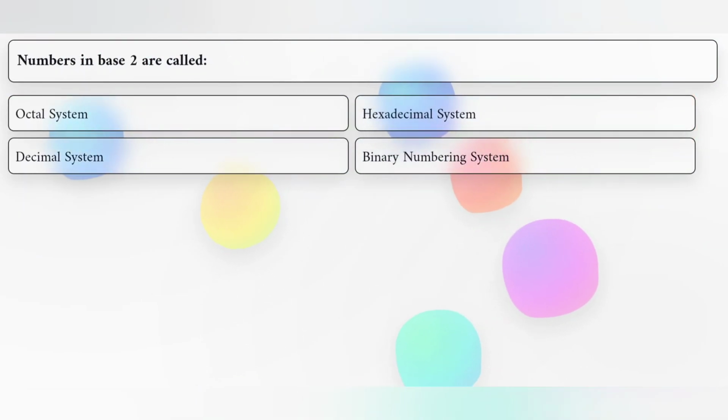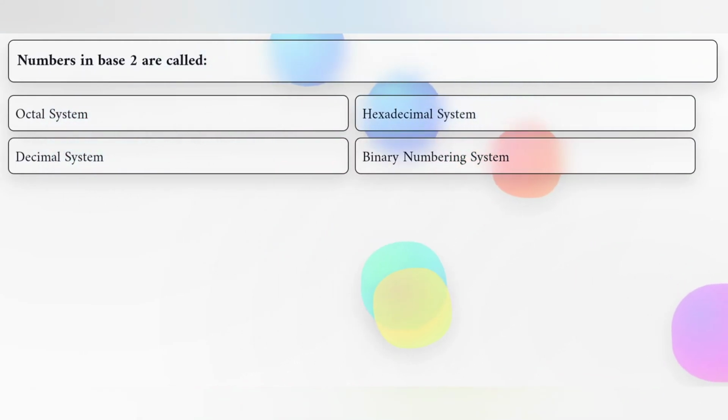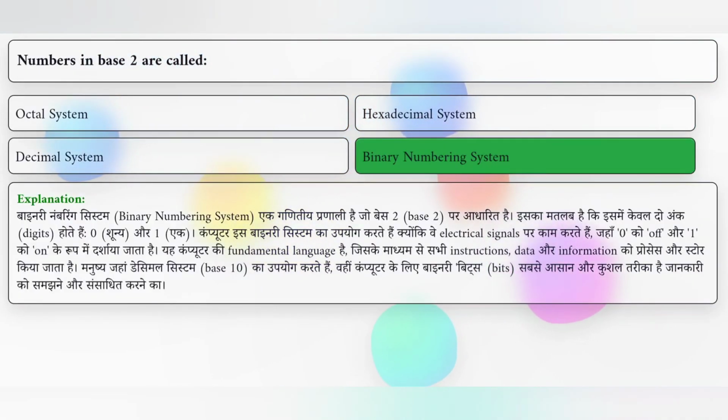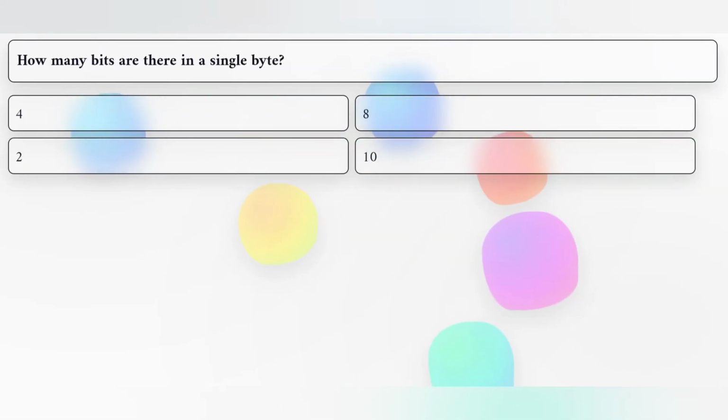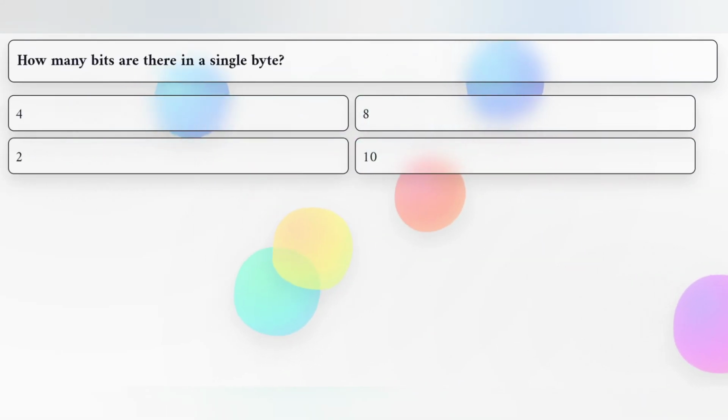Numbers in base 2 are called octal system, hexadecimal system, decimal system, binary numbering system. How many bits are there in a single byte? 4, 8, 2, 10.